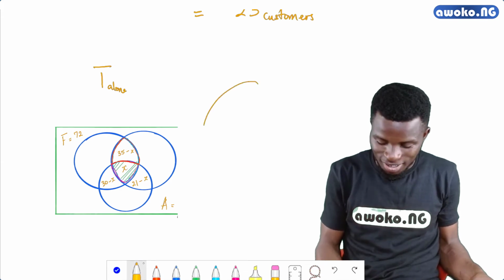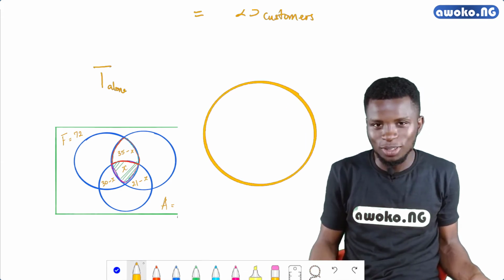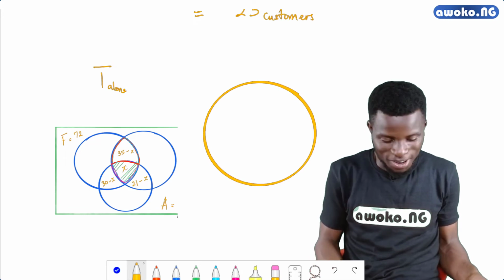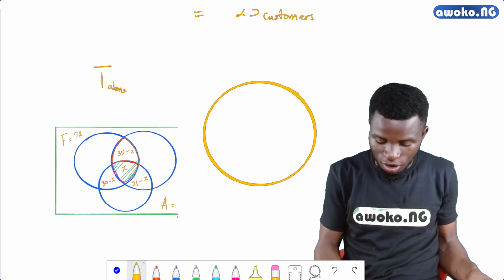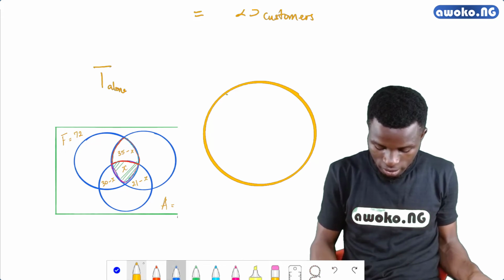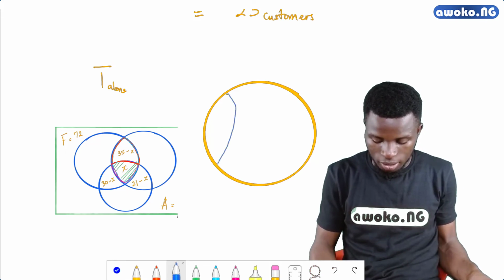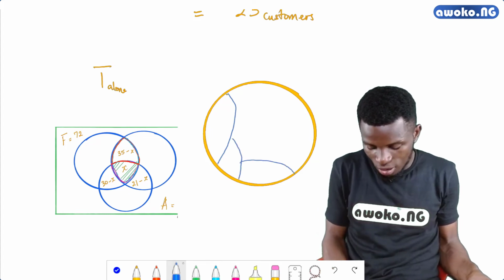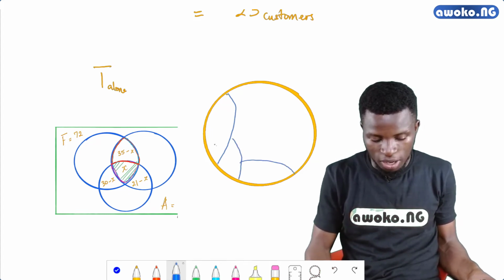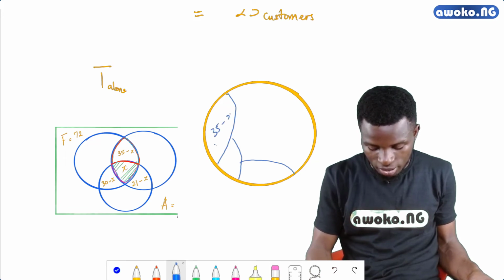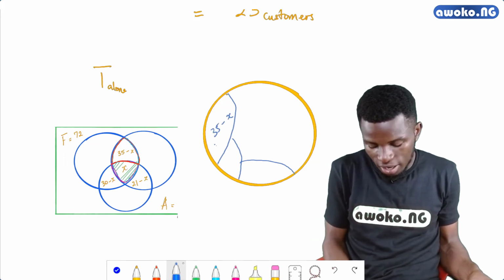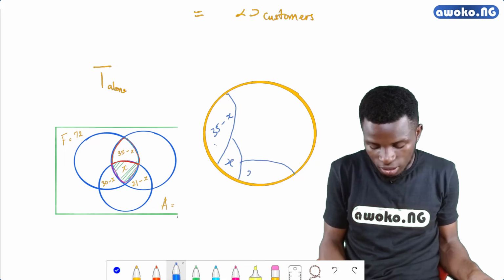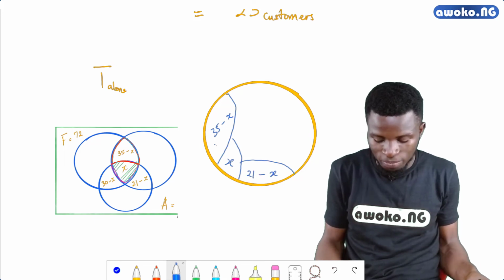Still from the Venn diagram, for Trust Bank alone, we have this circle for Trust Bank. Okay, so we also know that this area is covered, this area is also covered, and this area is covered. This area over here is 35 minus x, this area over here is x, while this one is 21 minus x.